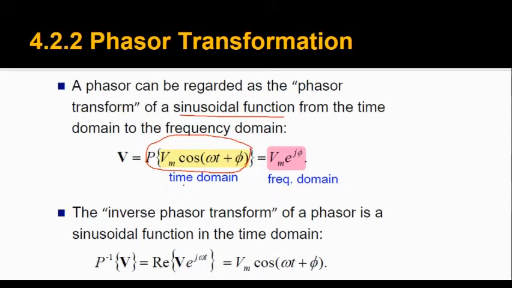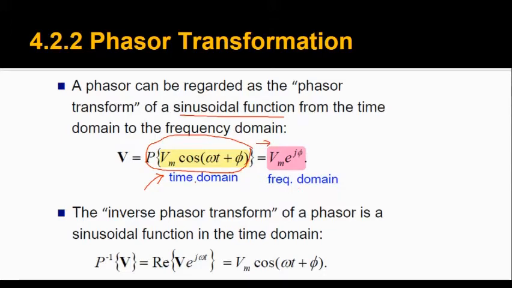So this is the time domain. If the function is in sine, please change it into cos, Vm cos omega t plus whatever the angle, and then you do the transformation.